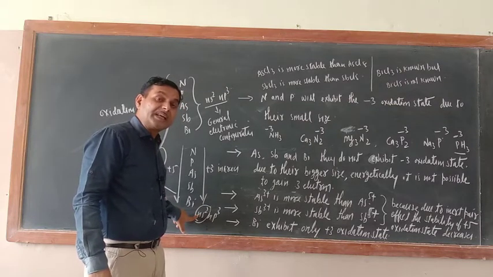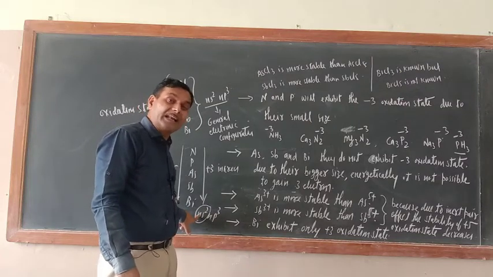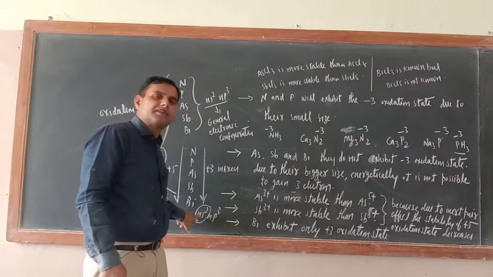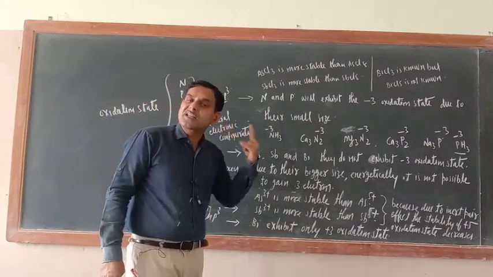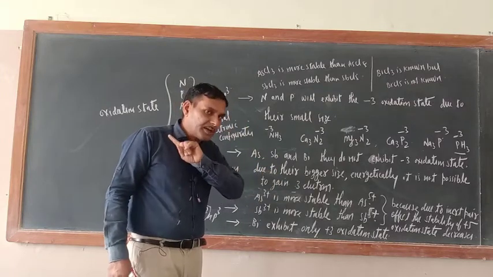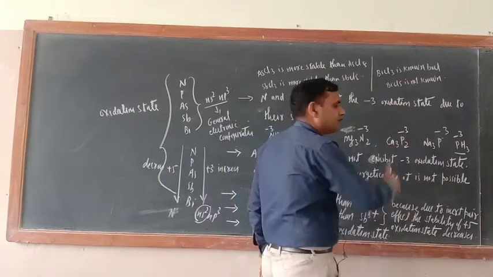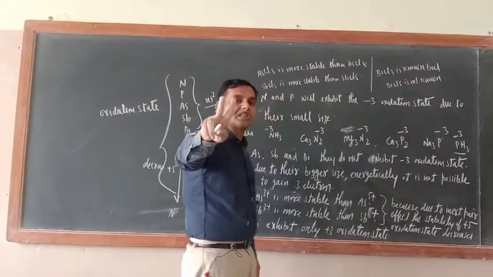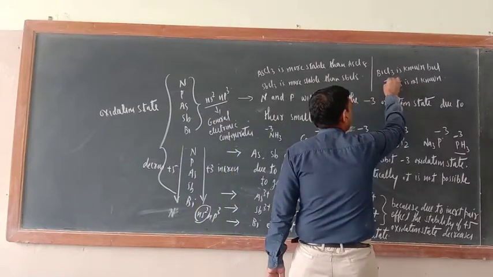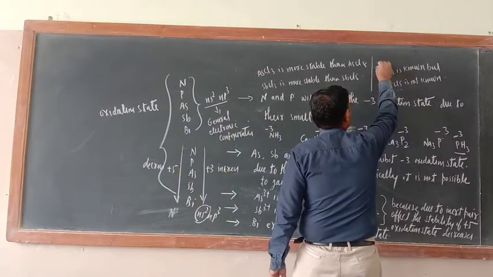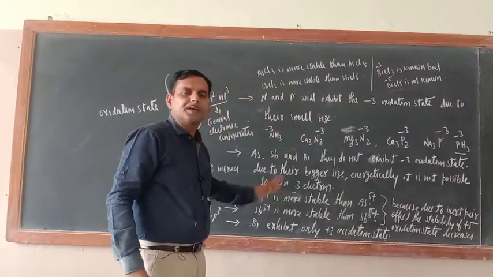So due to inability of s orbital electrons to take part in bond formation, bismuth will exhibit only the +3 oxidation state. It will not exhibit the +5 oxidation state. That is why the compound of bismuth in +5 oxidation state will not form. Just see, simple. BiCl5, what is the oxidation state? +5. What is the oxidation state here? +3. So in this way you have to answer.